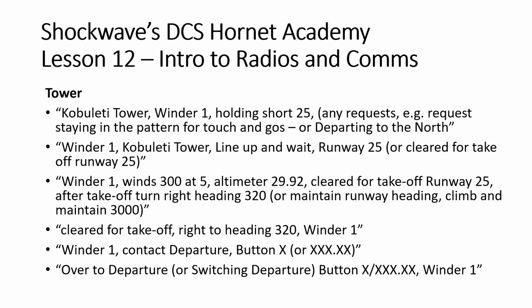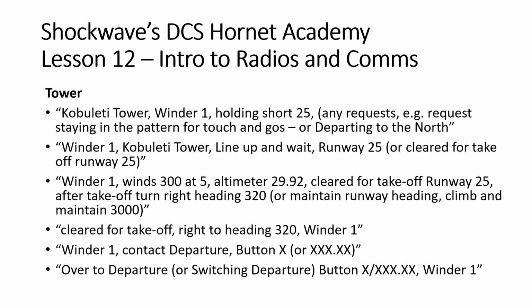All right, next tower. So now you're contacting tower. You're holding short of 25, and you're contacting tower. So you'd say Kobuleti tower, Winder 1, holding short 25. And you could leave it at that. Technically, ground control could have, or should have, or typically does give information to tower, so you don't have to repeat everything.